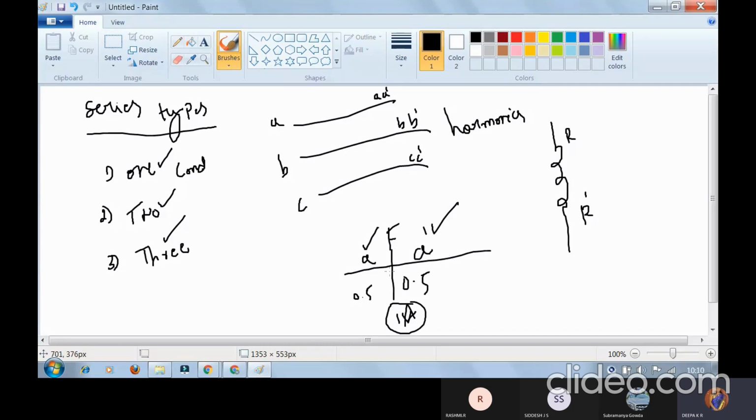With respect to current, you can write IA1, IA2, IA0, where IA1 specifies the positive sequence, IA2 the negative sequence, and the last one, IA0, the zero sequence. Individually, we are going to draw the diagram for IA1, IA2, IA0 with respect to the fault condition, because we are dividing the system in terms of A dash, B dash, and C dash.